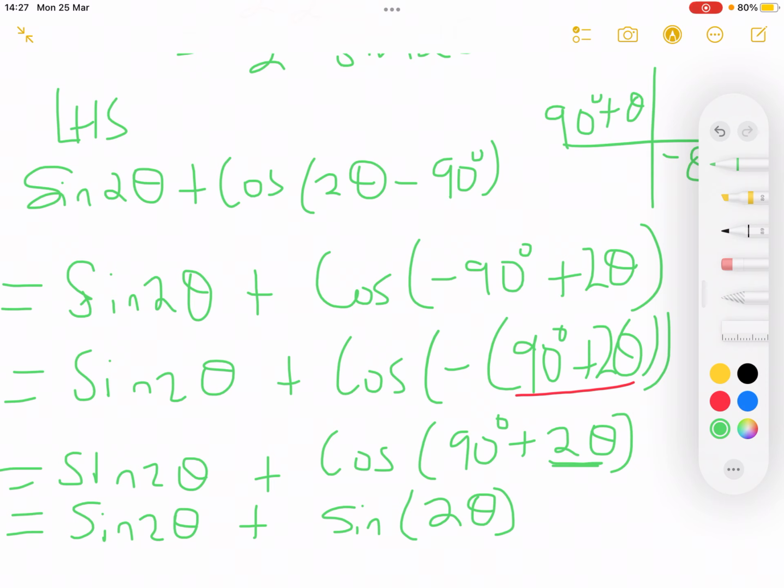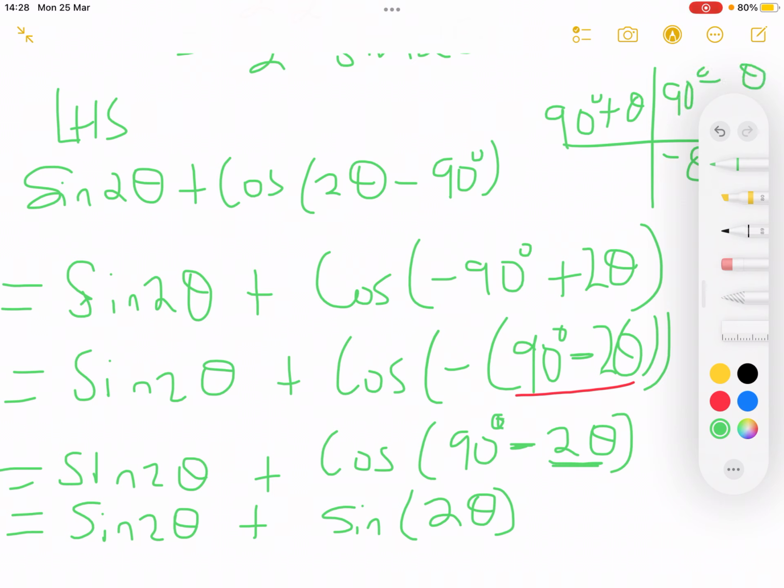No, I think I made a little bit of a mistake here. Okay, let's take it back. When I factored out, I did not incorporate my negative, so that makes the whole equation wrong. So it's going to be sine 2 theta minus sine 2 theta. If we factor out the negative like this, and then we have a negative here, it becomes a negative here, then we're looking at the first quadrant, 90 minus an angle.